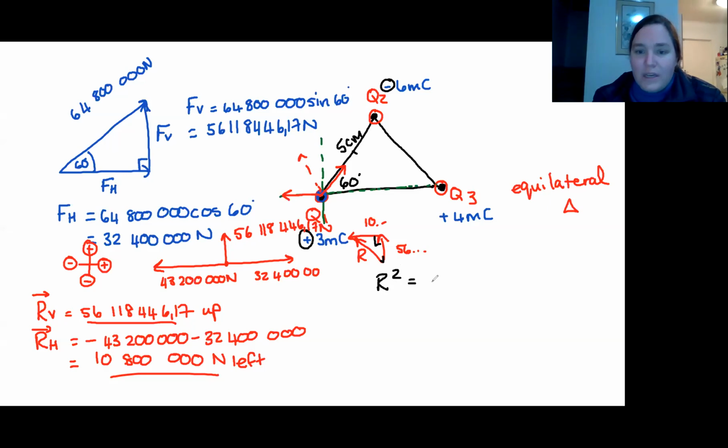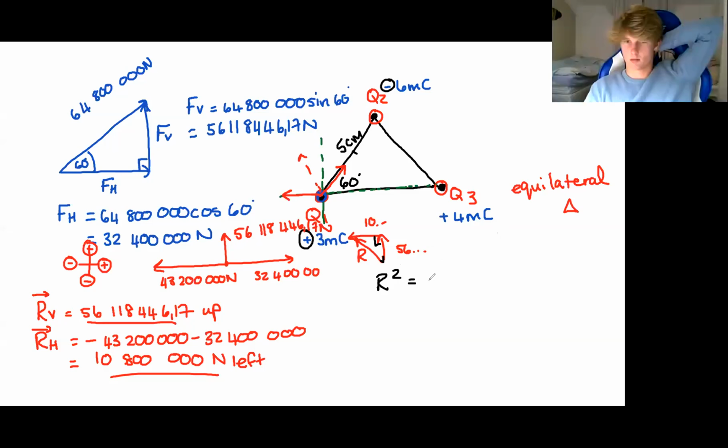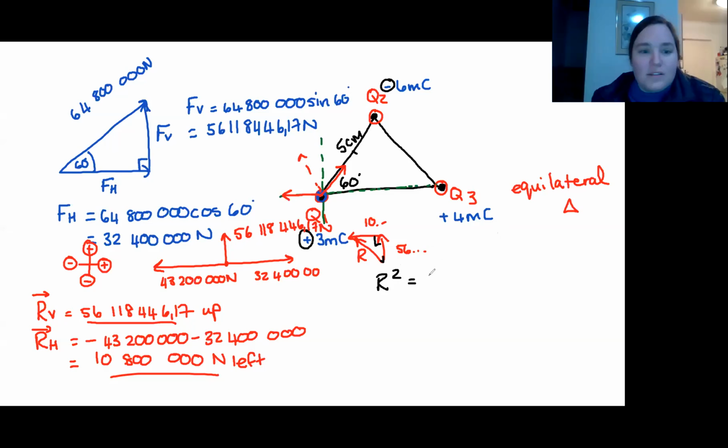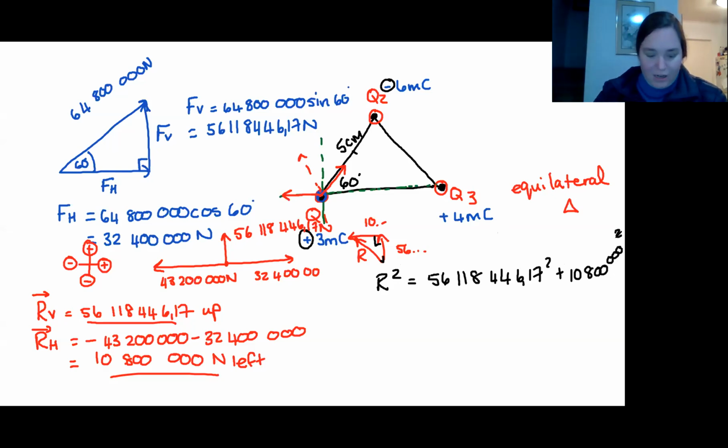So R squared is equal to X squared plus Y squared. I know some of you do A squared plus B squared is C squared. Same thing. So it's 56,118,446.17 squared plus 10,803 zeros squared. All right, lots to put in my calculator.